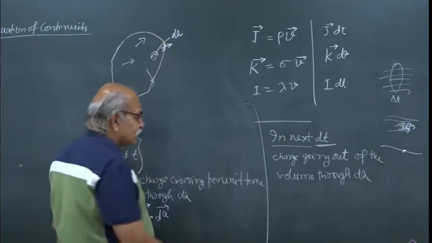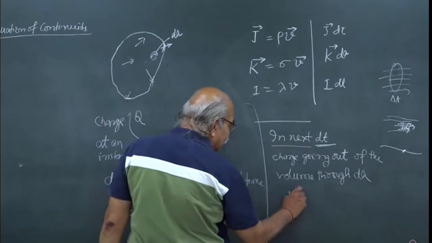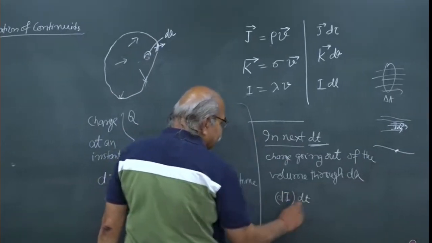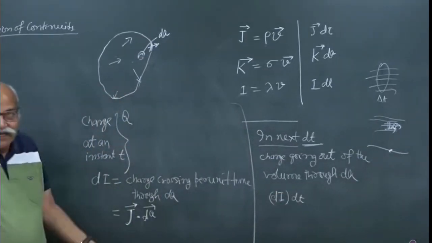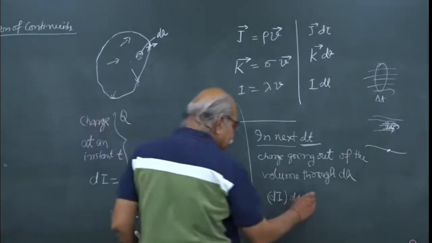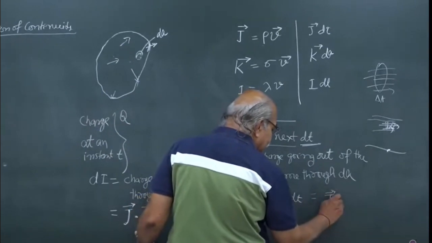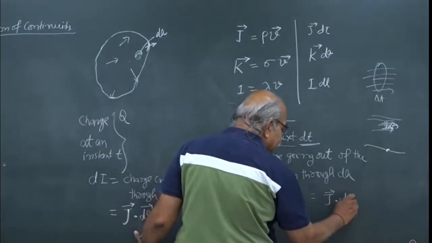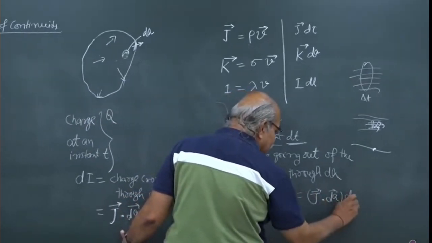How much is that? That will be the current multiplied by the time interval. That is how we define the charge from current, and that will be J dot dA times dt.